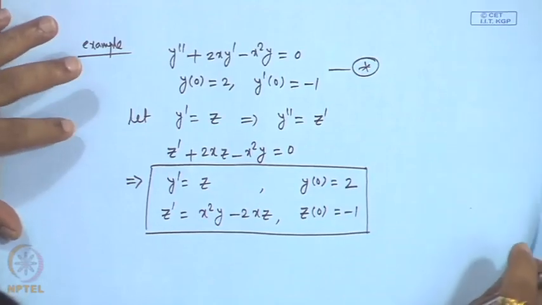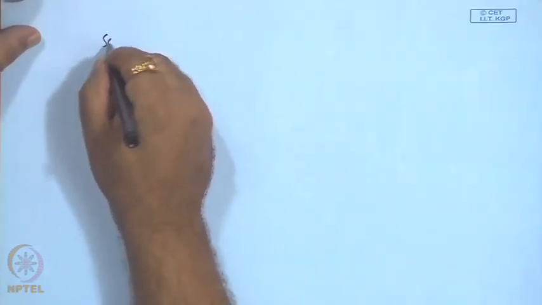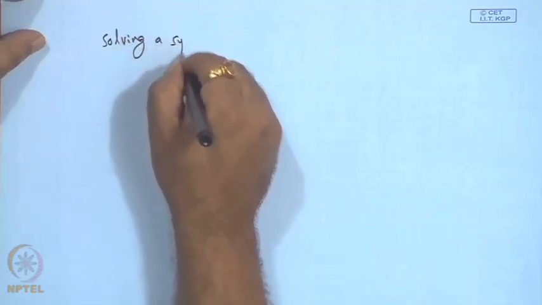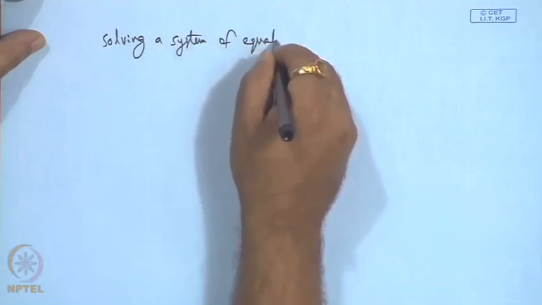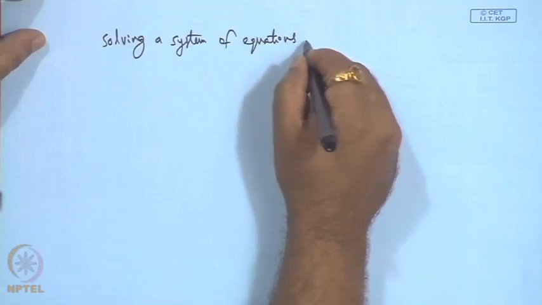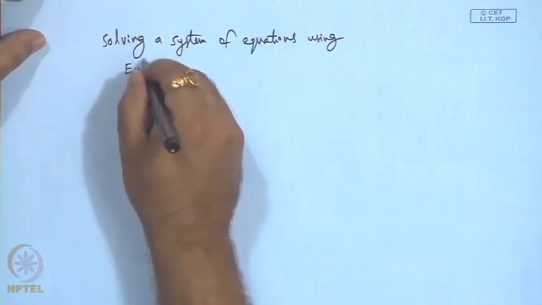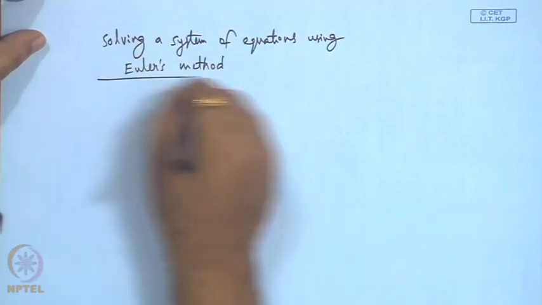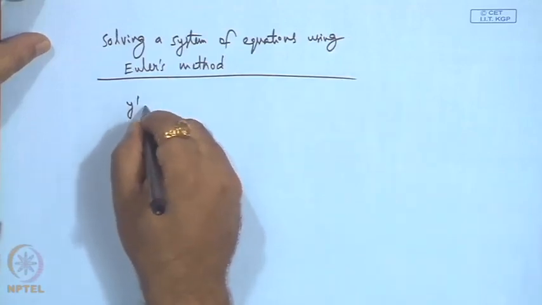Let us learn how to solve a system using the Euler method and, if possible, the RK method. Solving a system of equations using Euler's method. Consider the following system.